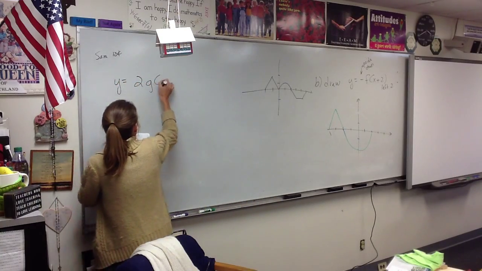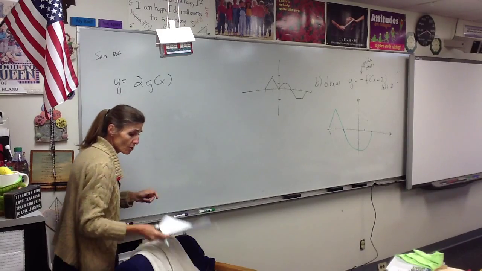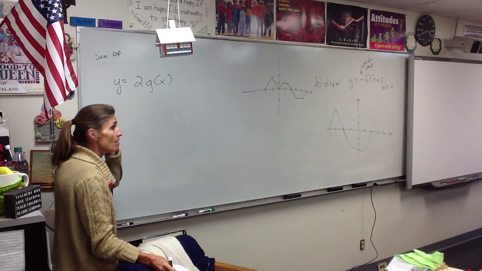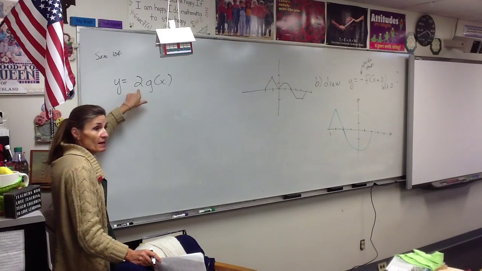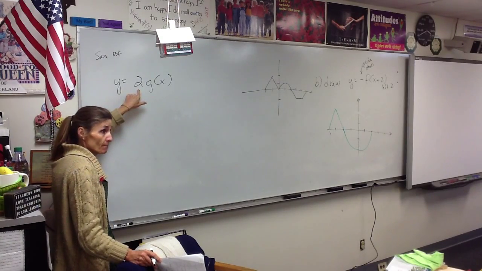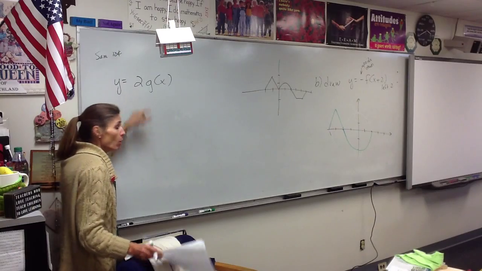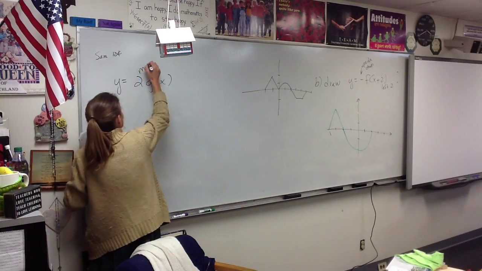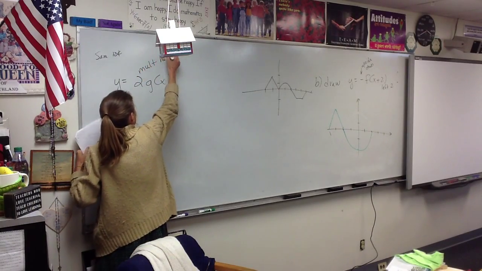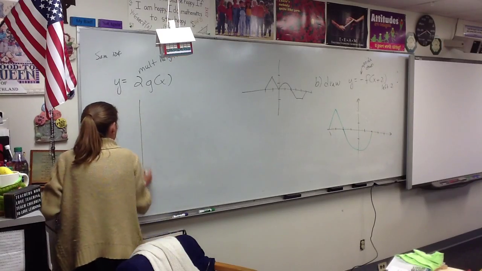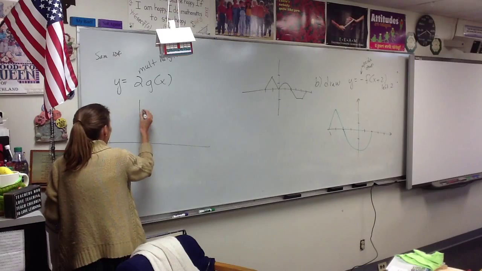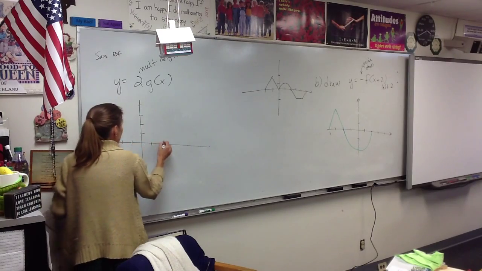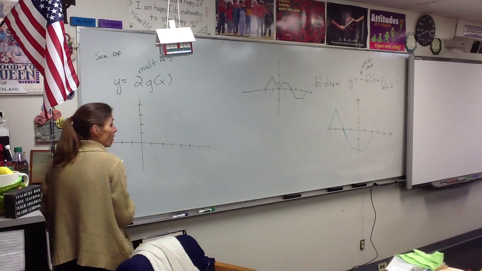Now, yesterday, we were just starting to talk about this. Was anybody still paying attention when we talked about what that 2 right there does? It multiplies the height. So whatever number you have here multiplies your height. So I'm going to have that picture exactly, but it is going to be 2 times as tall.